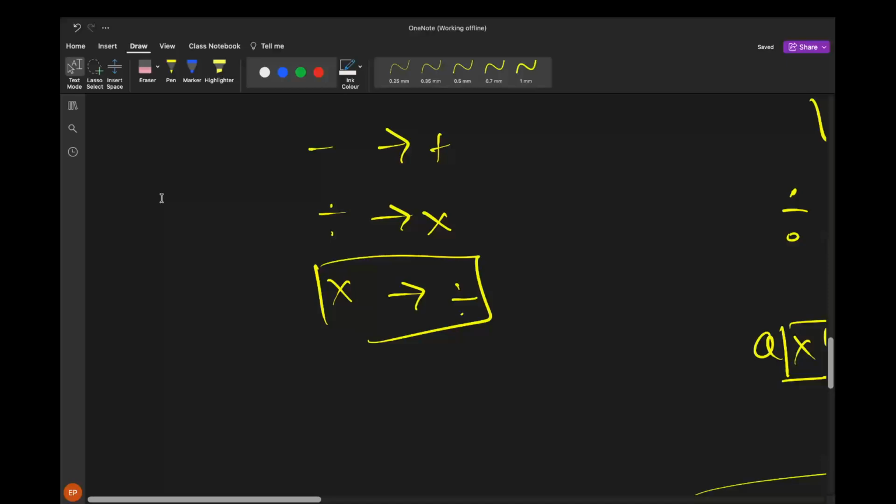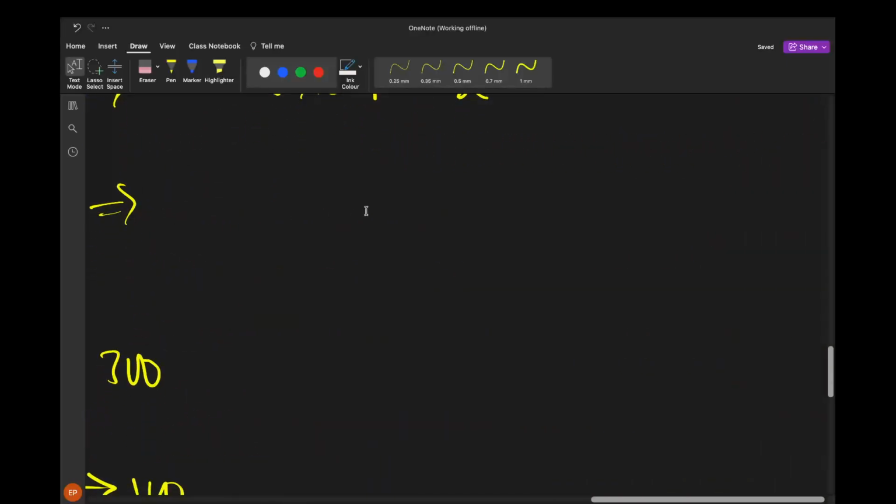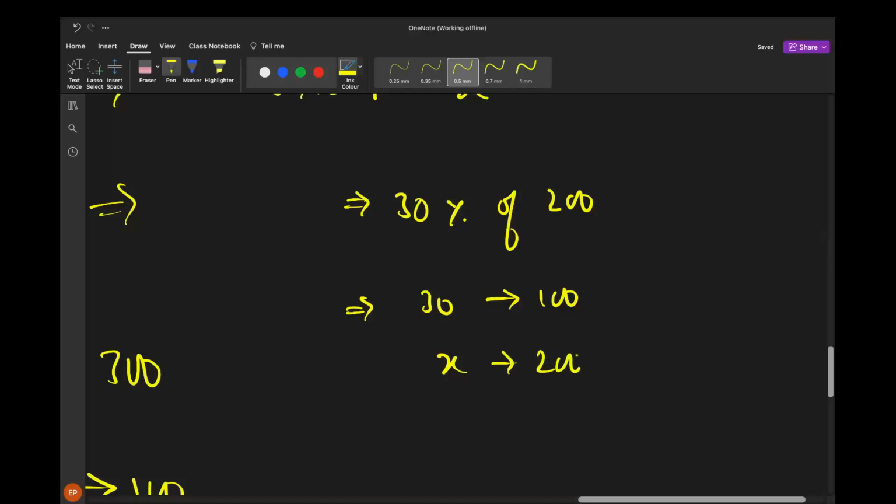30% of 200 means 30 for 100. How much for 200? Right? 30 into 200, these two, which is 100 into x.